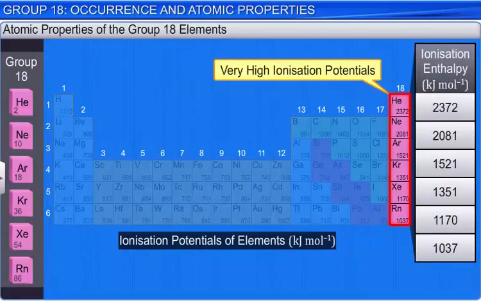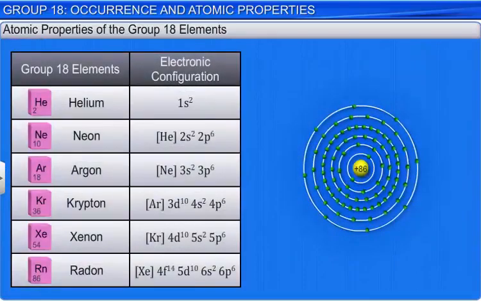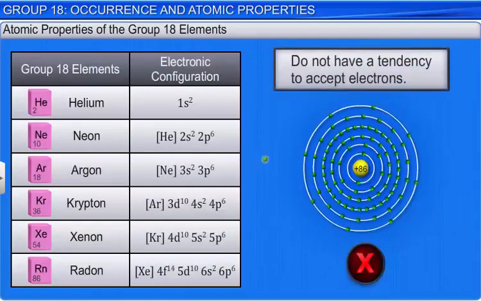Again, because the elements of group 18 have stable electronic configurations, they do not have a tendency to accept electrons. Hence, they have very high positive values of electron gain enthalpy.